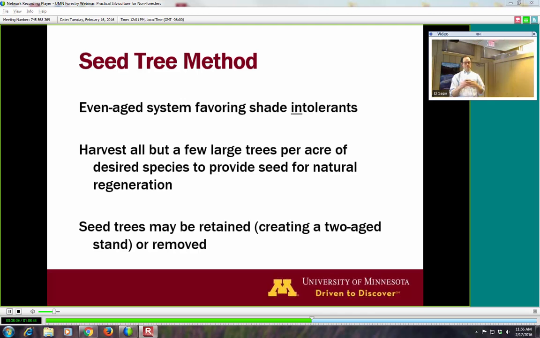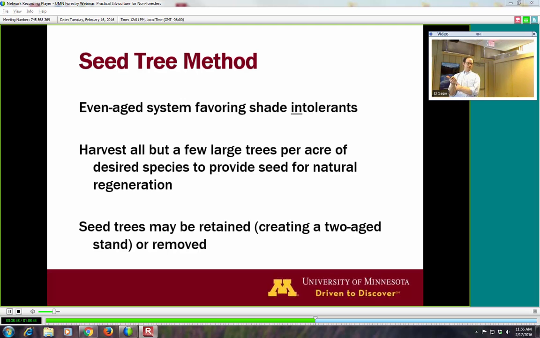We want them widely enough spaced that basically full sunlight is available to regeneration, or pretty close to that, but numerous enough that we get an adequate seed fall, because the seed tree system relies on seed drop from those residual trees that are left standing during the initial treatment.